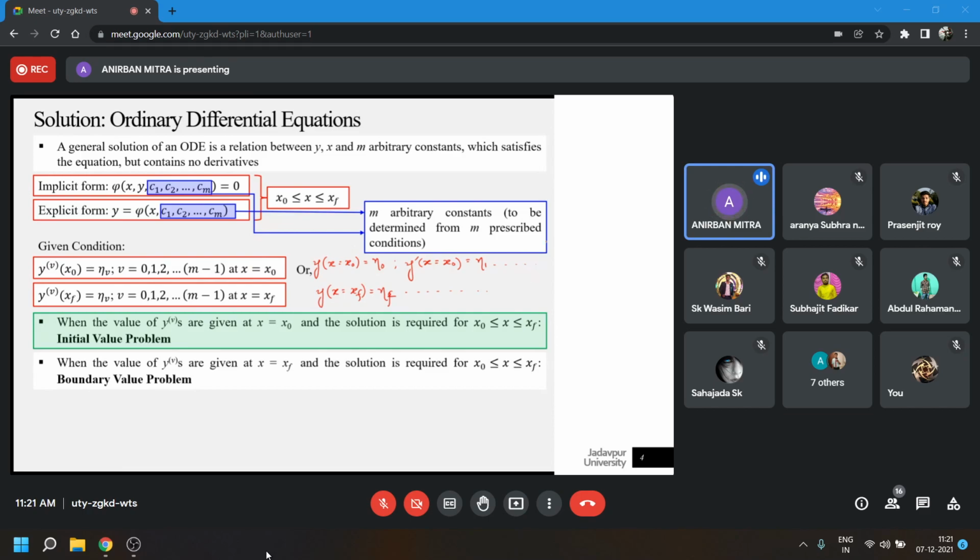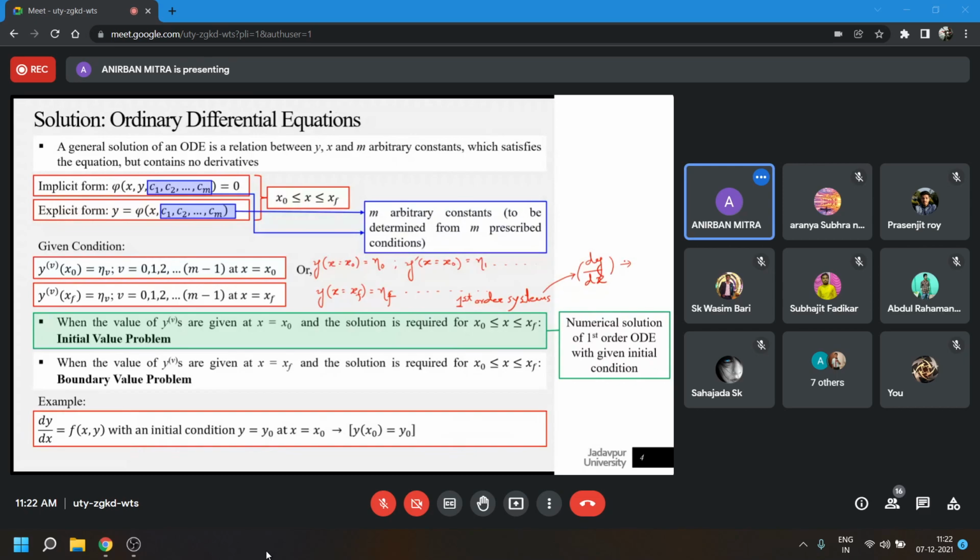Moreover, we will only be looking at first order systems, which means that we'll have dy/dx as the highest order of the derivative. So as we can see here, we are looking at numerical solution of first order ODEs with given initial conditions.